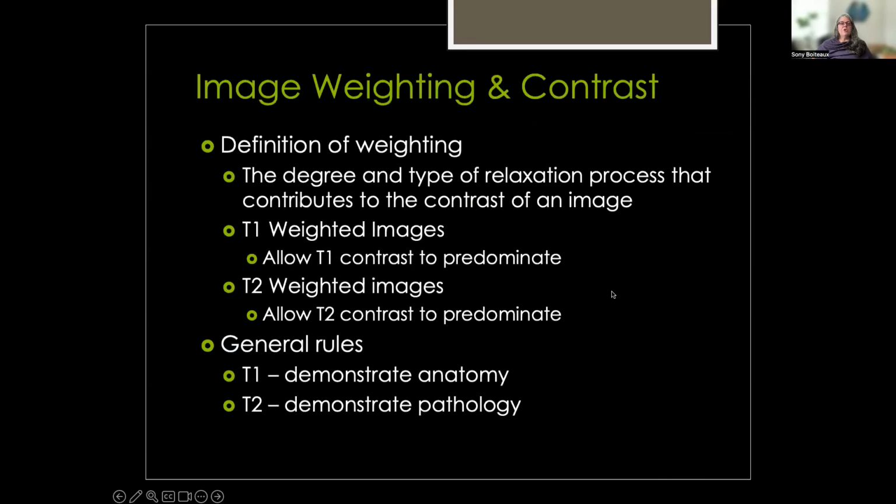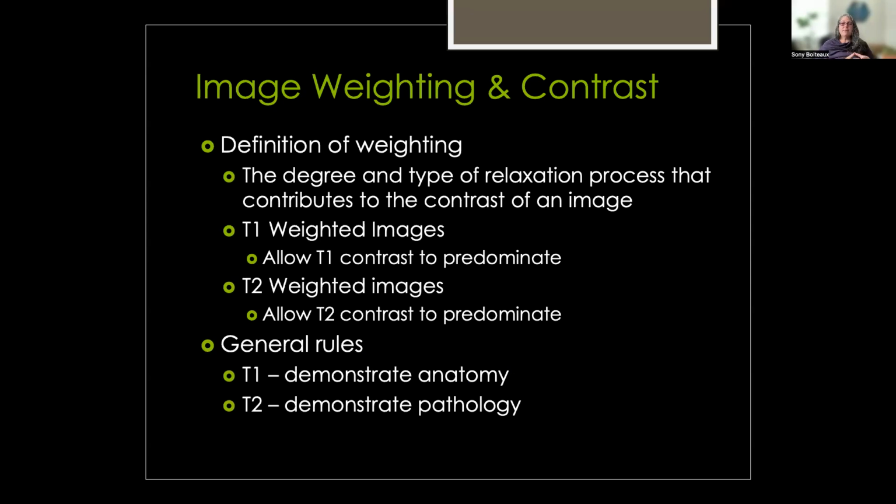And so image weighting in MRI is going to be about which type of contrast. We talked about our T1 and our T2 relaxation processes. Those both give us two different kinds of contrast. And so we get to, through our extrinsic parameters, adjust the weighting, adjust which type of contrast our image skews toward.